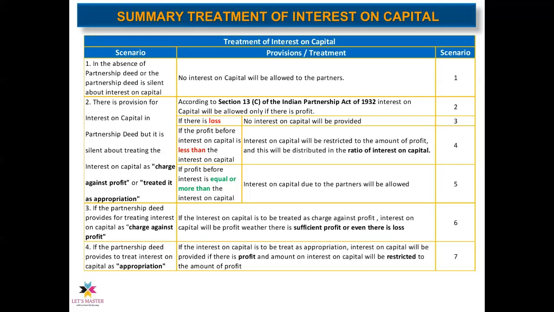If the partnership deed provides to treat interest on capital as appropriation, then in this case, interest on capital would be provided to the extent of profit earned.